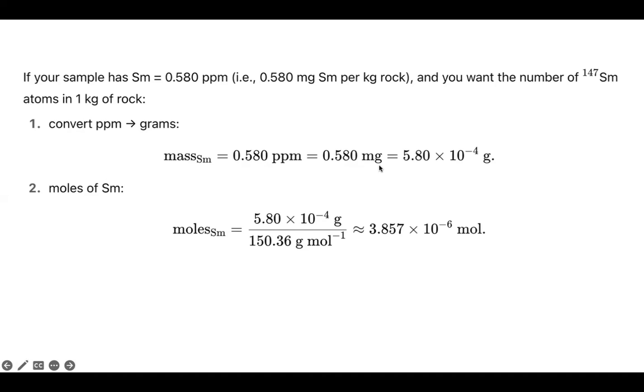So ppm equals milligrams per kilogram. That means 5.80 times 10 to the power minus 4 grams. If you take it in grams, this is the amount. And also remember this notation here, samarium 0.580. This is just 0.58, right? But it's written as 580. Why is that?